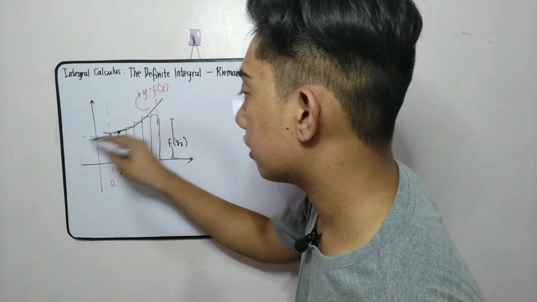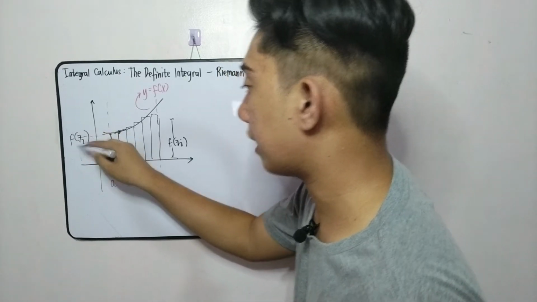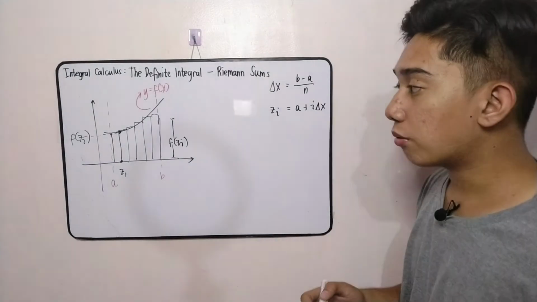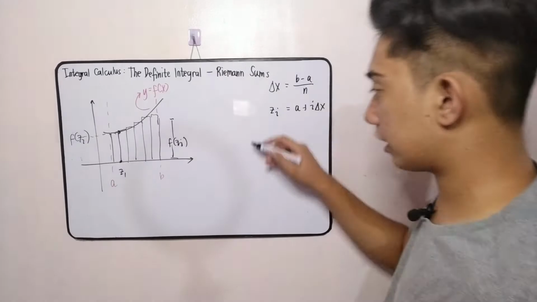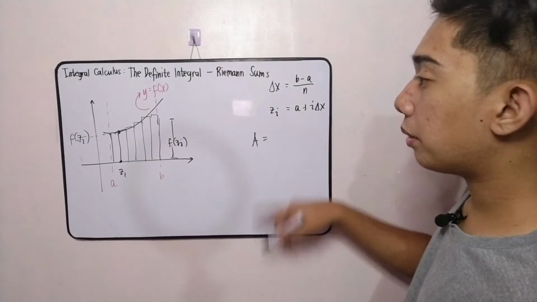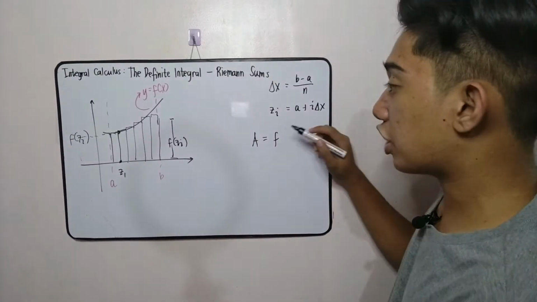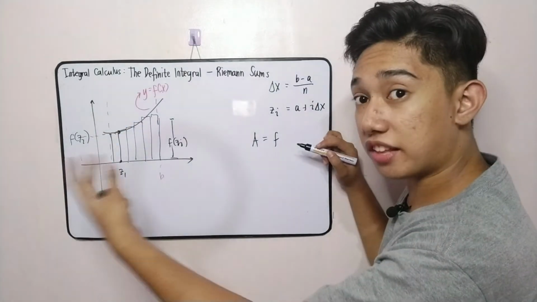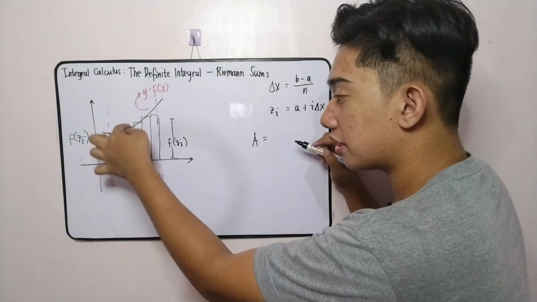Okay? That's f of z sub i. Now, the basic means to find the area of that rectangle is to multiply the width and length.